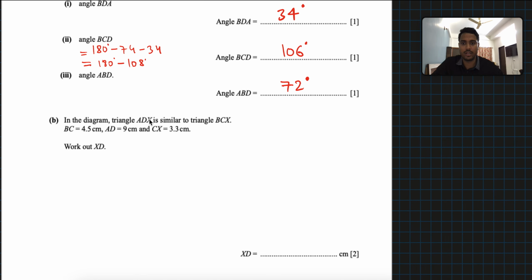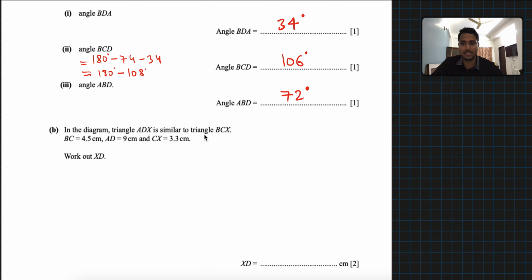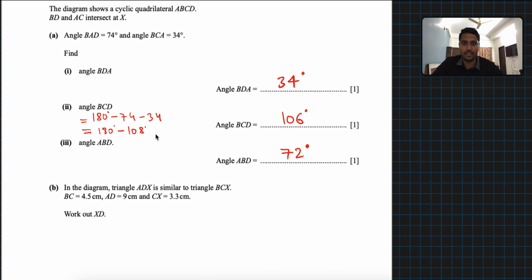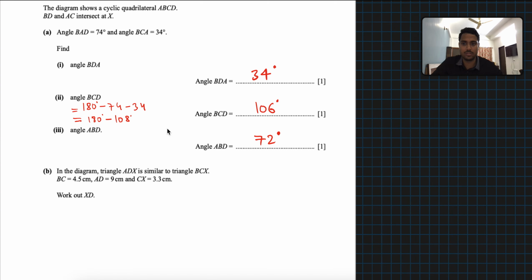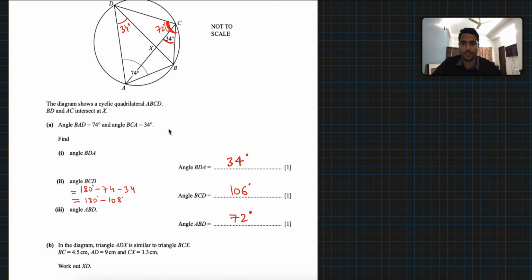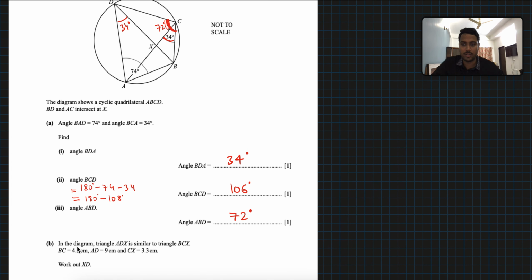It says in the diagram triangle ADX is similar to triangle BCX. Let me just check the diagram. Okay, let me just sketch this over here.